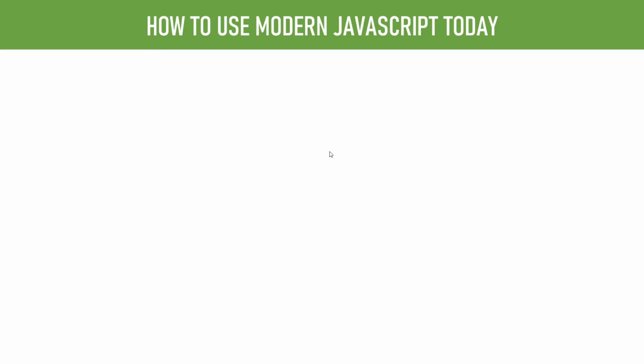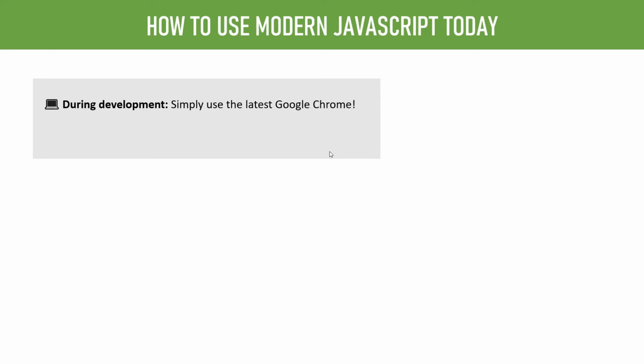So the development phase is simply when you are building the site or application on your computer. To ensure you can use the latest JavaScript features in this phase, all you have to do is use the most up-to-date version of the Google Chrome browser or any other browser. This will then ensure that all the features I show you in this course will work for you as well, but I recommend Google Chrome.